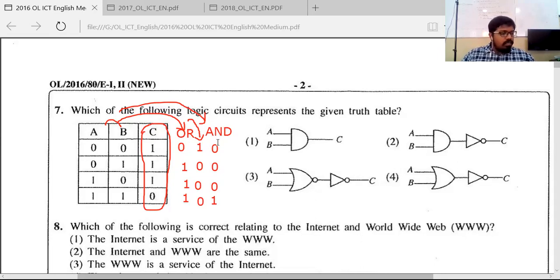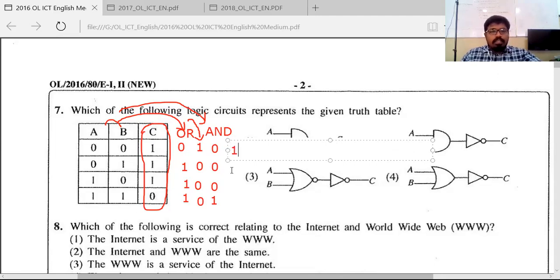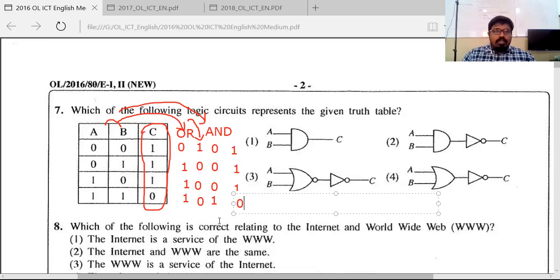So in this case, it will be 1, 1, 1, 0. When I take NOT of the AND, it will be 1, 1, 1, 0. So AND, by taking NOT, we produce the NAND gate.